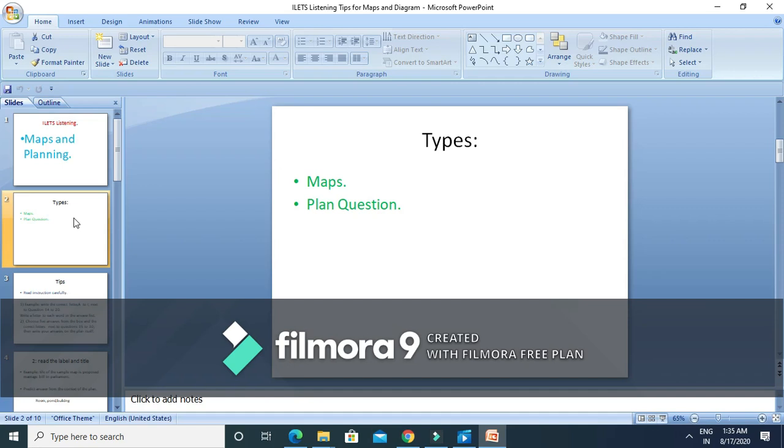So the first thing you need to know is whether it's a map type or a plan type of question. This is the first thing you need to do whenever you see a maps and planning question.